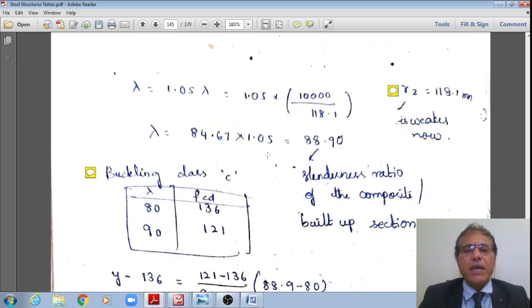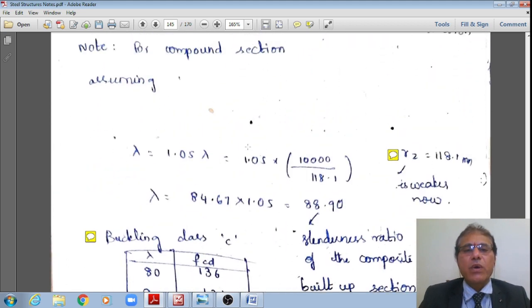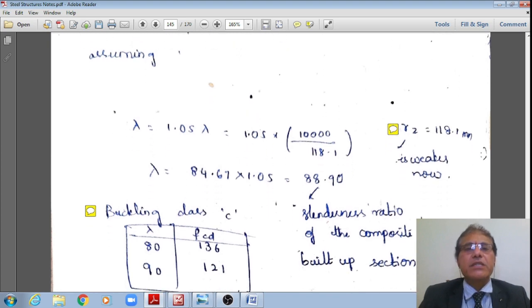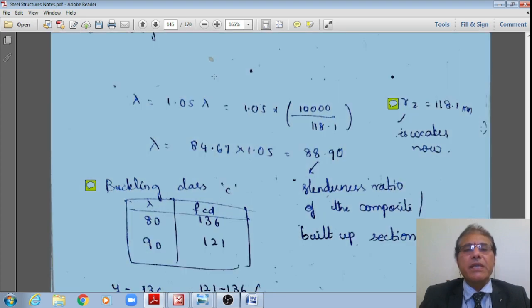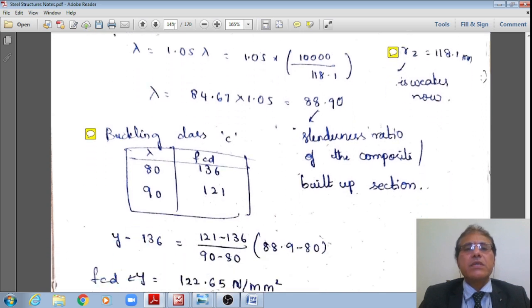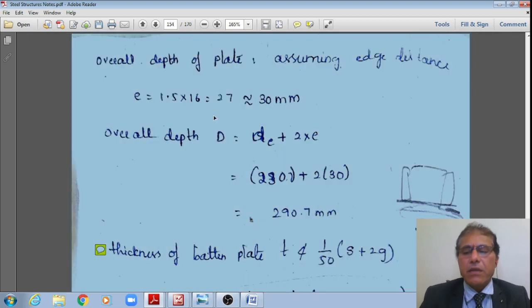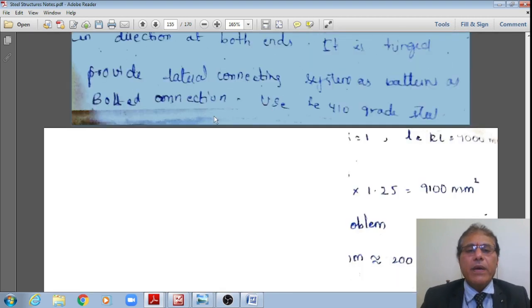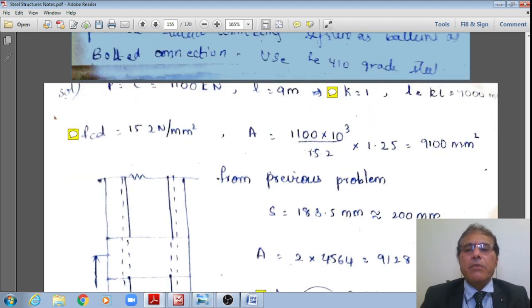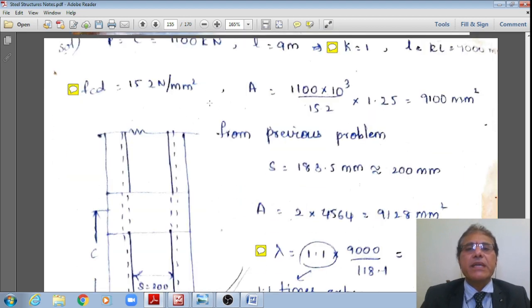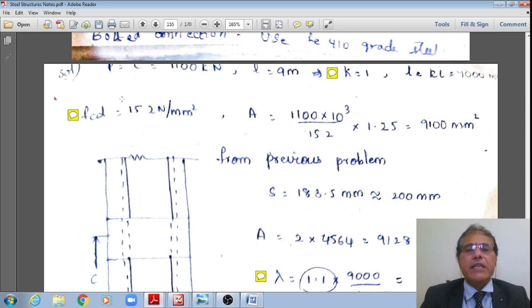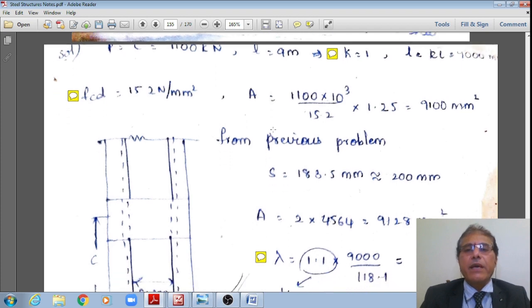Once this section is okay, let me check what that slenderness ratio is. Now just bear with me for a moment. Now I'll go to this section, wherein I am now fixing that section as ISMC 300, students.